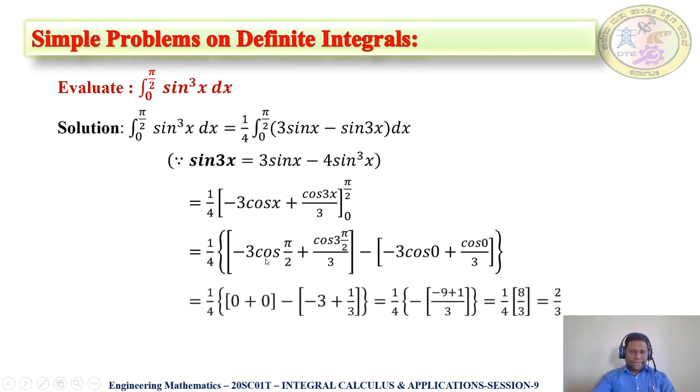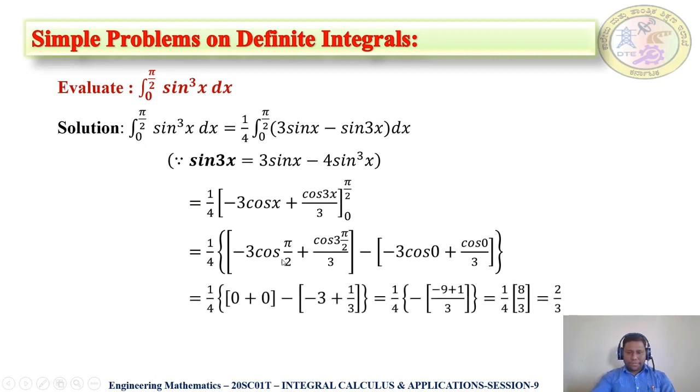If we simplify, cos pi by 2 is 0, so this value becomes 0. Cos 3 pi by 2 is also 0, so these two become 0. Now minus of minus 3, cos 0 is 1. Here also cos 0 is 1. So we get 3 plus 1 by 3. If we take the LCM, 3 will be the LCM.